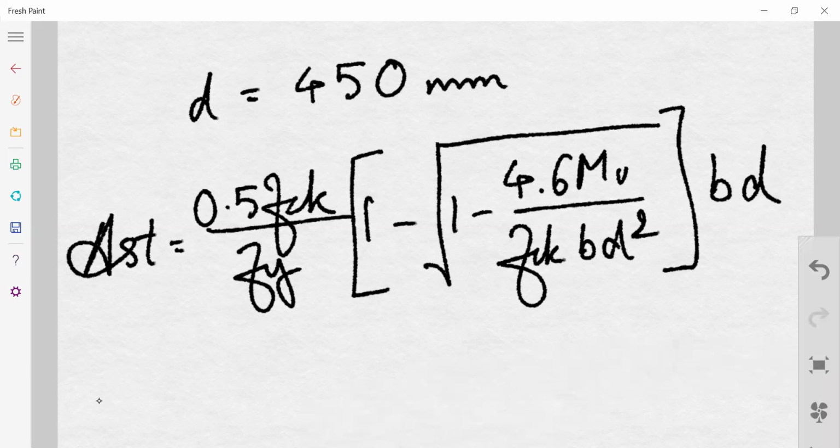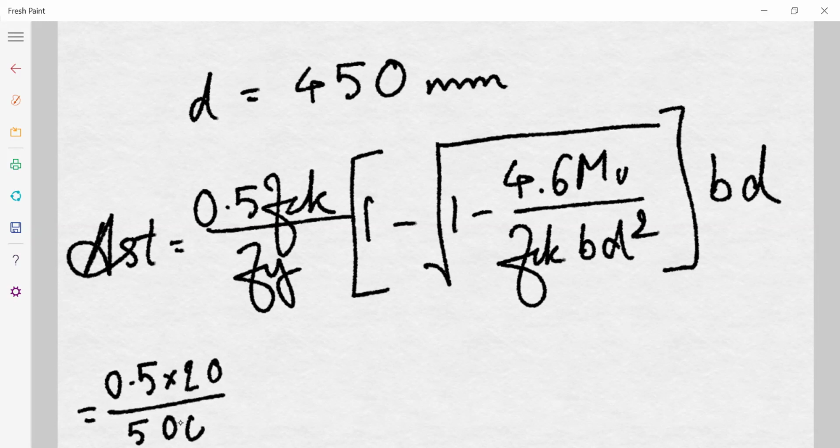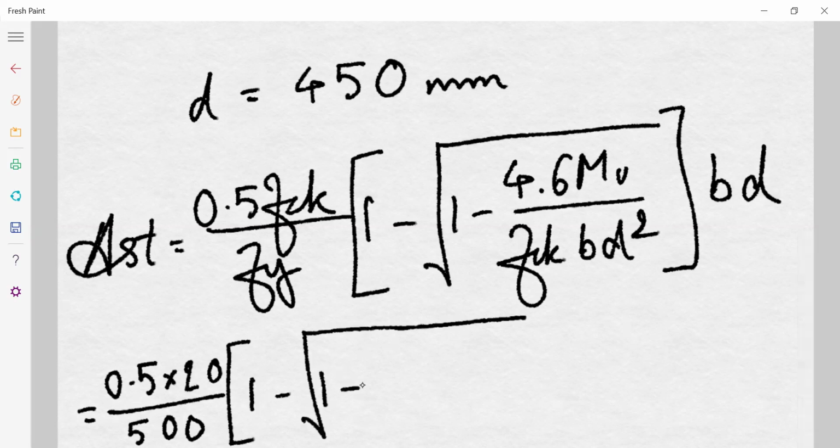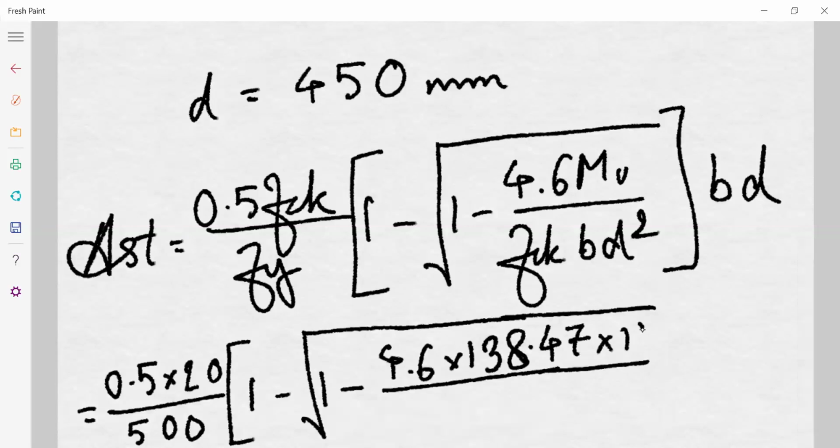We'll write down the formula along with the values. 4.6 into 138.47 into 10 to the power 6 by 1800.